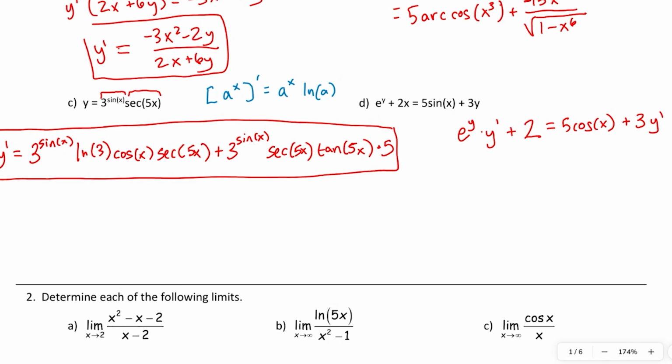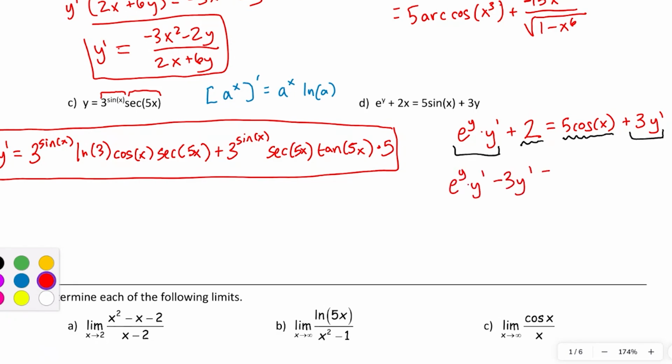So trying to isolate y prime, we need to move all of the terms that do have a y prime to the left. And then these two terms that do not have a y prime we'll send over to the right. So e to the y times y prime minus 3y prime equals 5 cosine x minus 2.